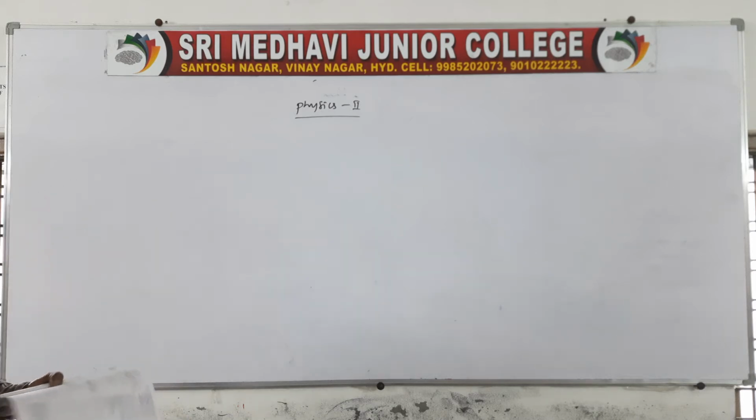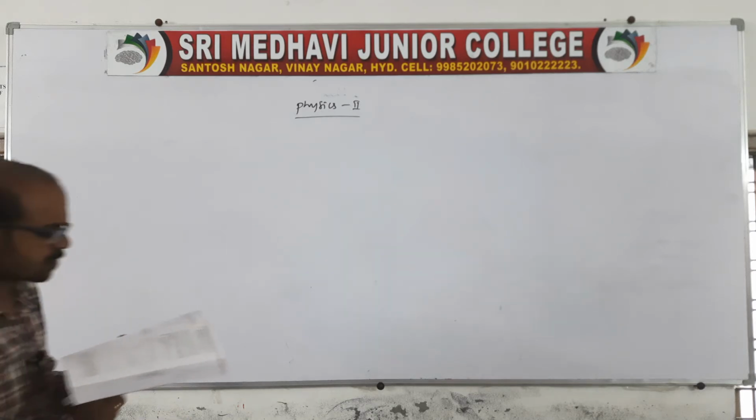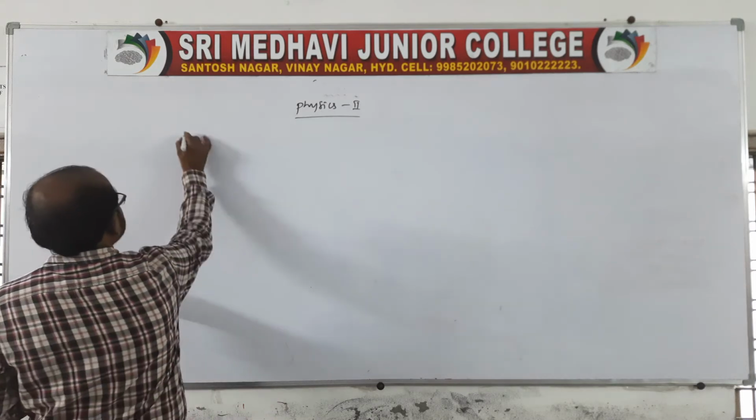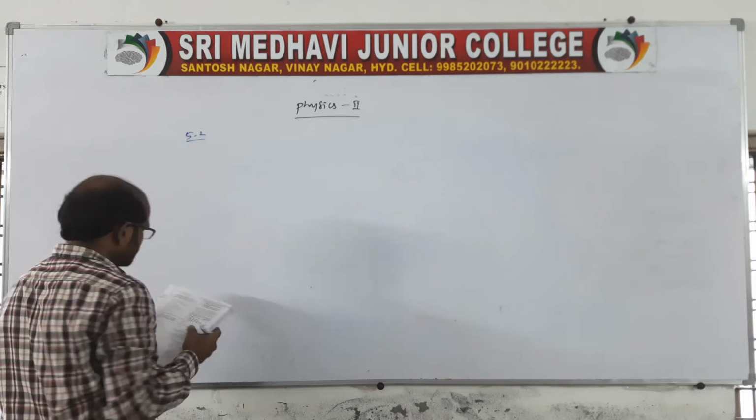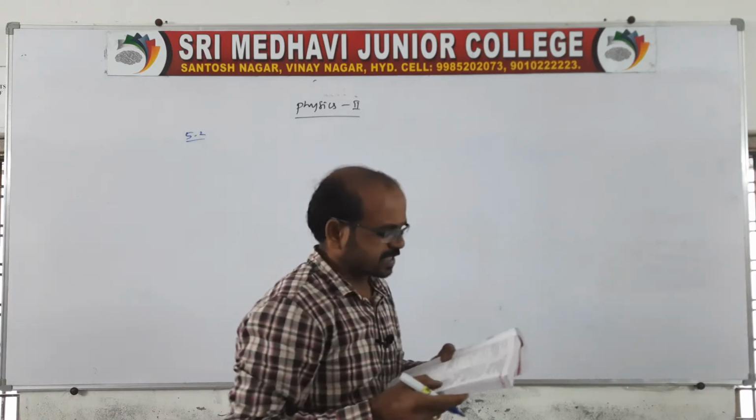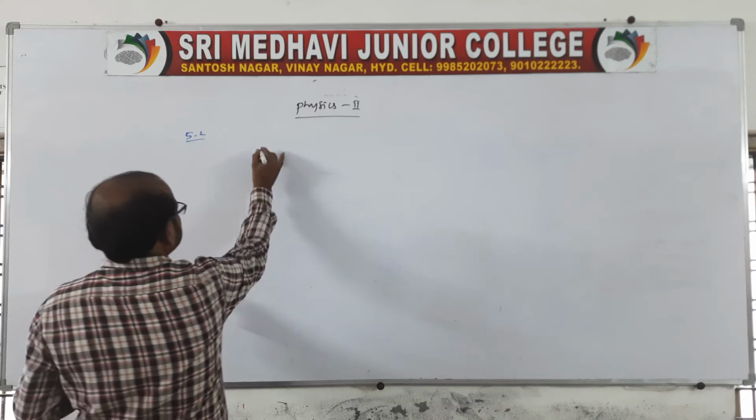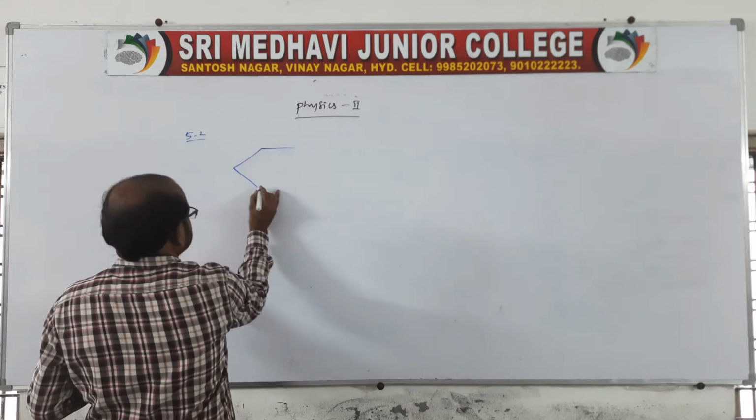You take question number 5.2, regular hexagon of side. So you draw a regular hexagon like this.